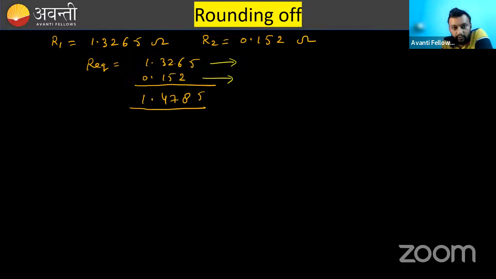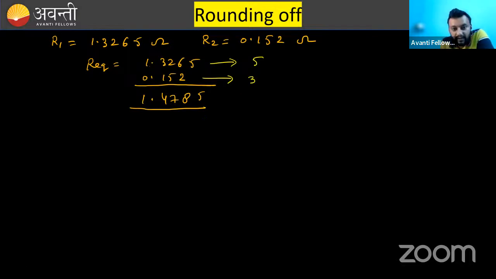Each resistance has 1, 2, 3, 4, 5 significant figures. How many significant figures does this number, 152, have? 3. Very good. It has 3 significant figures.